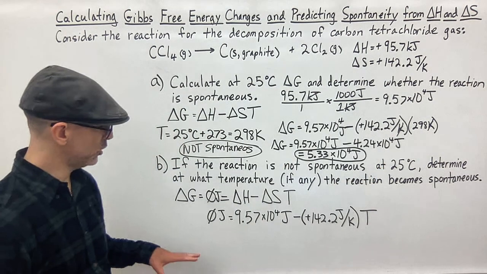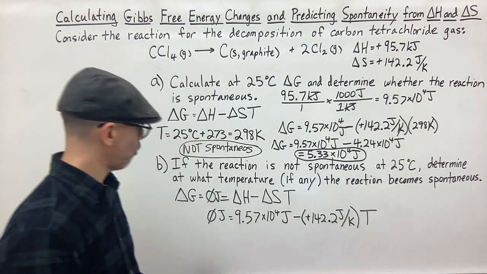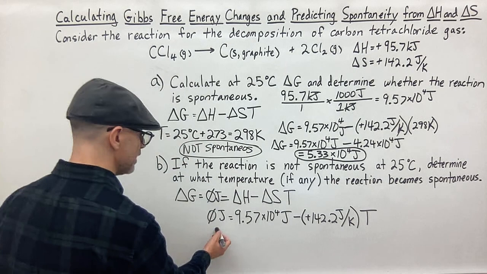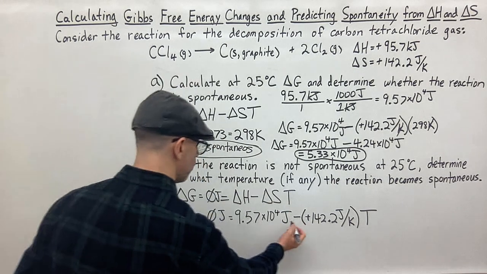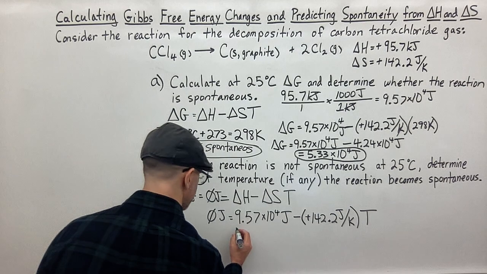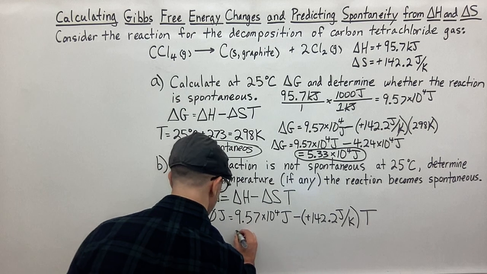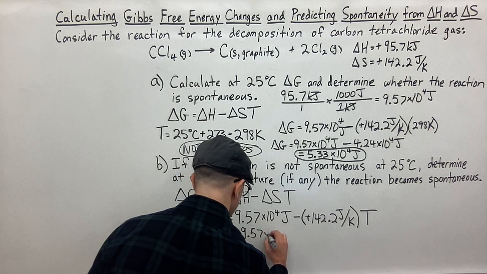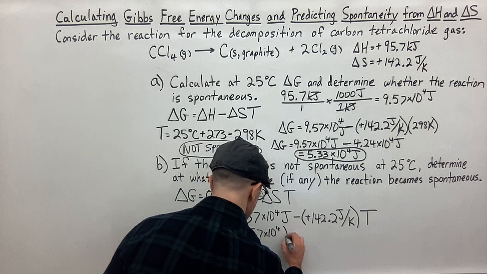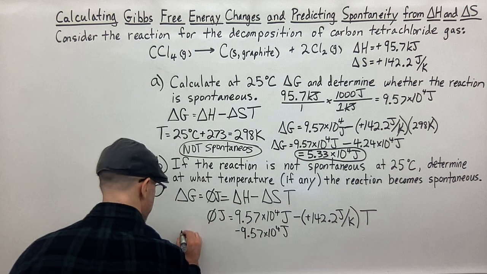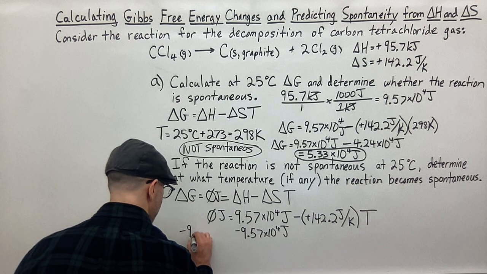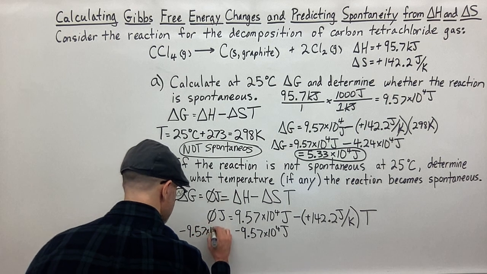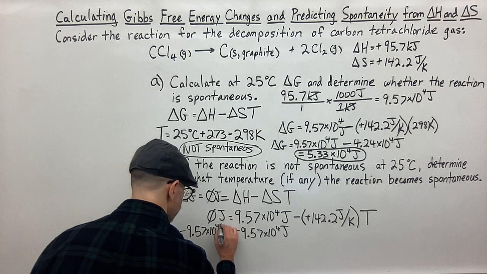So now all we need to do is solve for temperature. Here we got 0 here, so we're going to bring this to the other side. We're going to subtract 9.57 times 10 to the 4 joules on both sides.